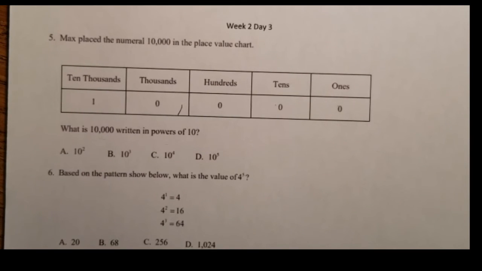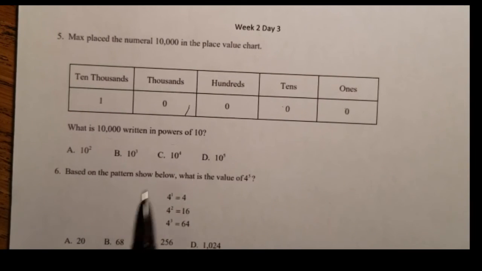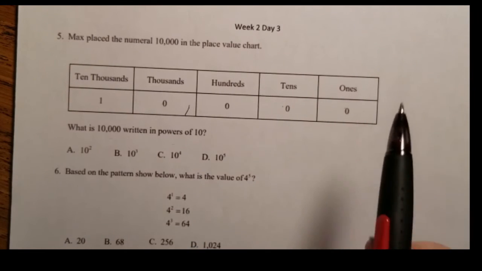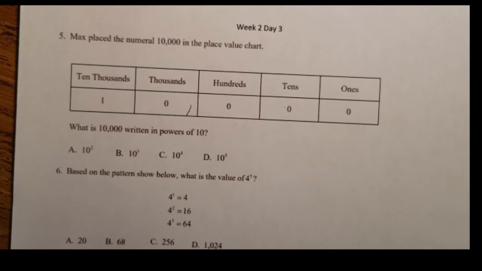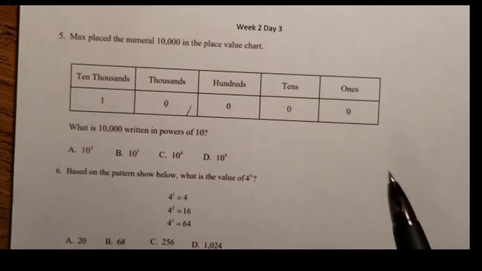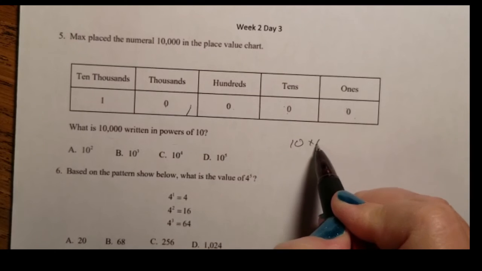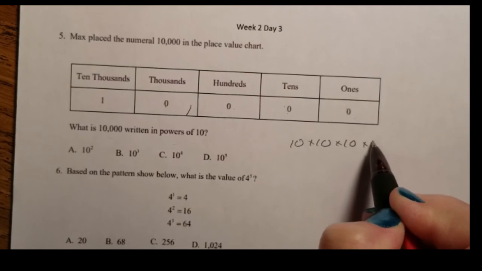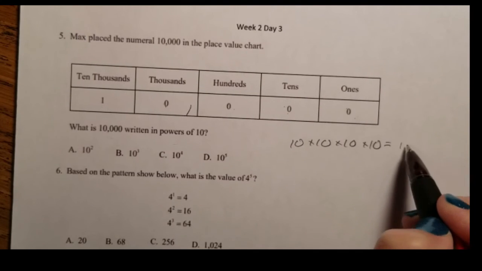Again, the power of 10 has to be a 10 base, and the zeros tell us how many. So C, 10 to the 4th, is going to be your final answer because there's 1, 2, 3, 4 zeros. And if you multiplied it out, it would give you 10,000.